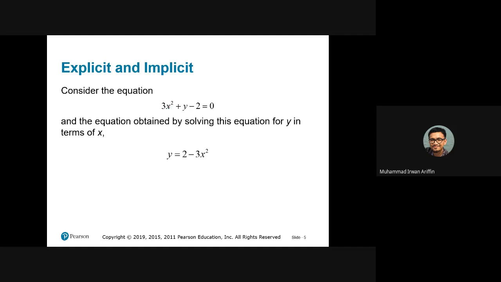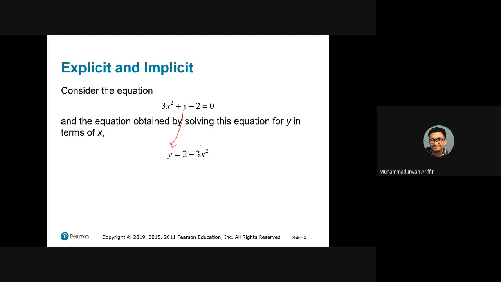Now, consider this equation, 3x squared plus y minus 2 equals 0. We can modify this equation by rearranging it such that we put y on one side and collect all the other terms on the right hand side of the equation. We want only y to remain on the left hand side.